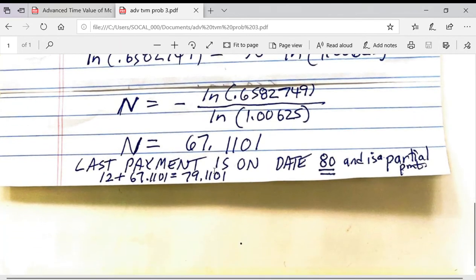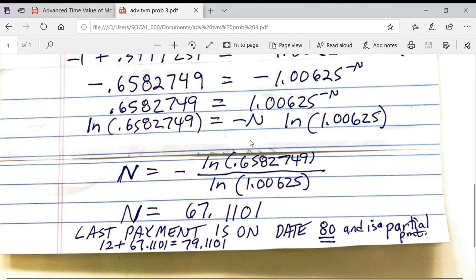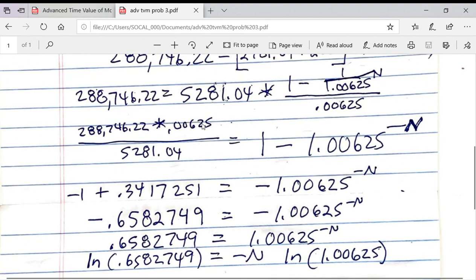But remember, our first additional payment was on date 13, which means we'd already made 12 payments. So our last payment then would be on 67.1101 plus the 12, which is 79.1101. That means we'll have a regular sized payment, which now is the combination of the regular payment plus the 2,500, or 5281.04.